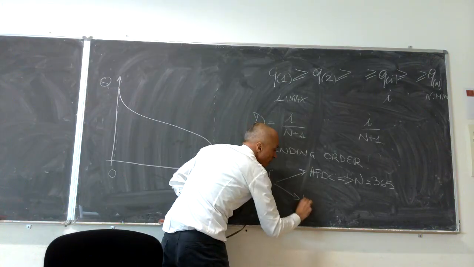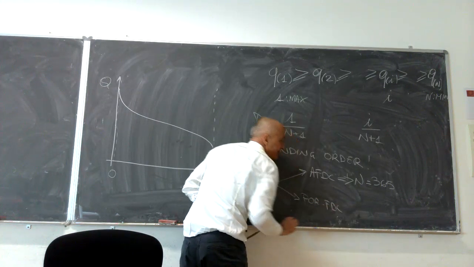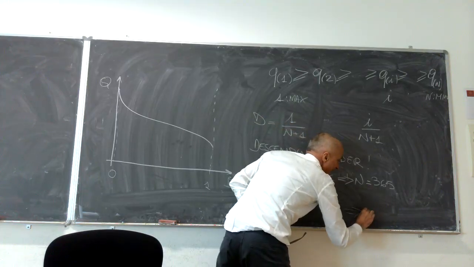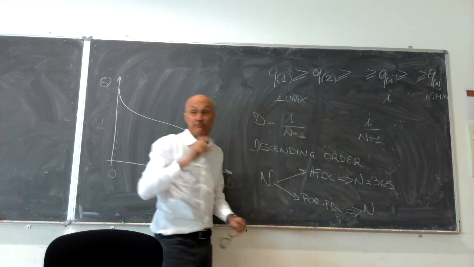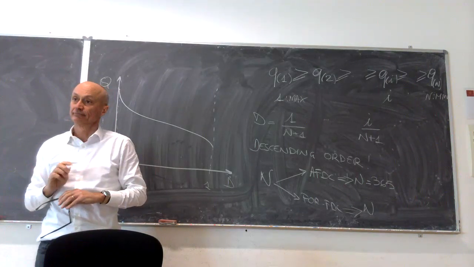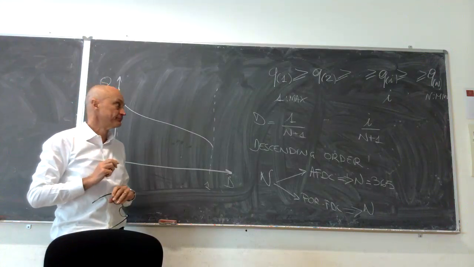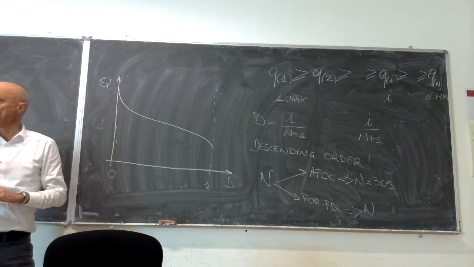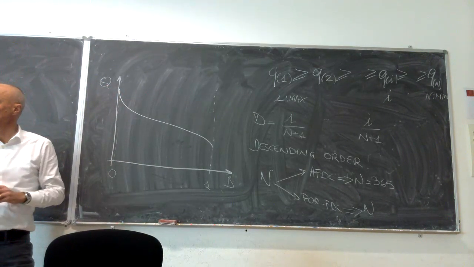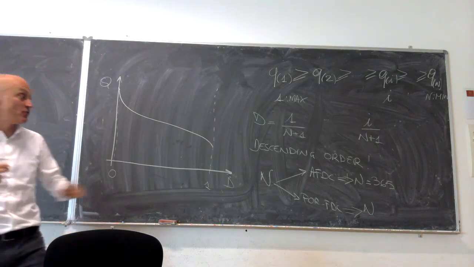Whereas if we're working with period of record flow duration curve, n is equal to what? Question to you. I'll repeat the question.